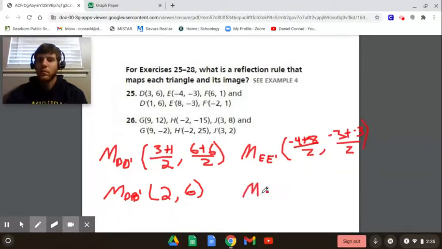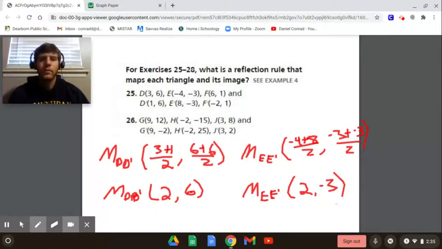So the midpoint of E and E prime is going to be 4 divided by 2 is 2, and negative 3 plus negative 3 is negative 6, divided by 2 is negative 3. So those are your 2 midpoints.